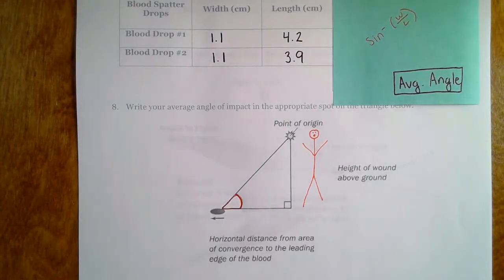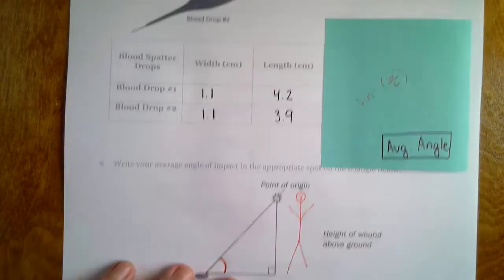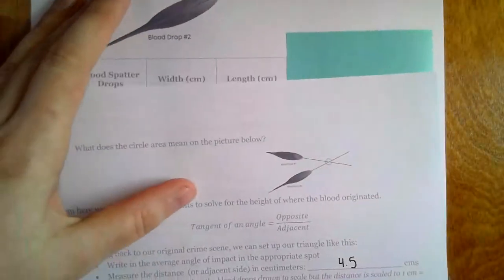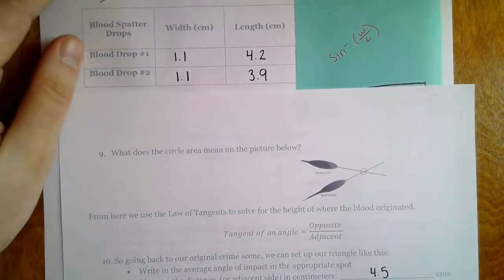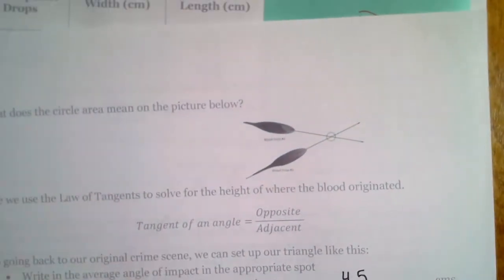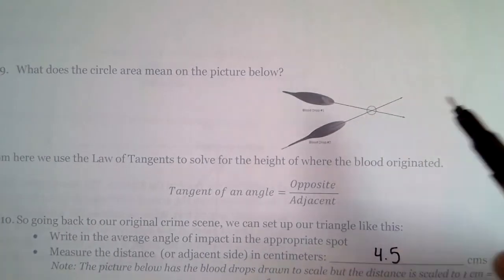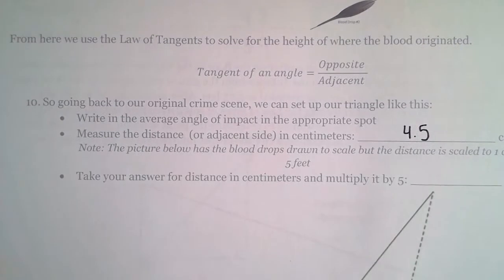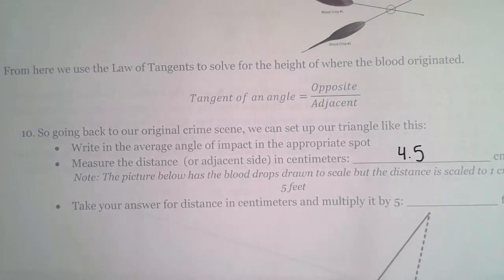Now, if we keep going, number 9 is just more background information. From your reading, it's basically just asking what that circle means. You'll read about that on pages 1 and 2. And then we're going to get into the actual mathematics of this. All we've done thus far is literally the law of sines.